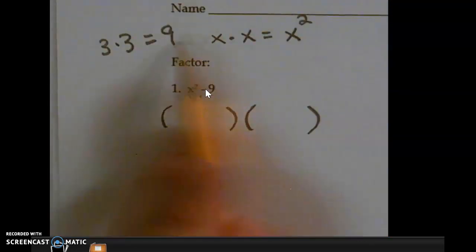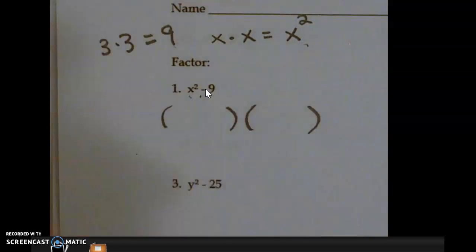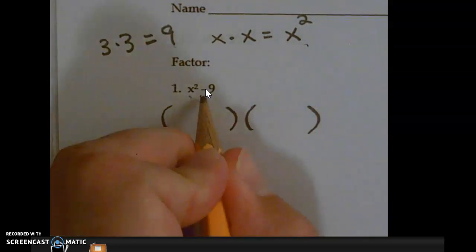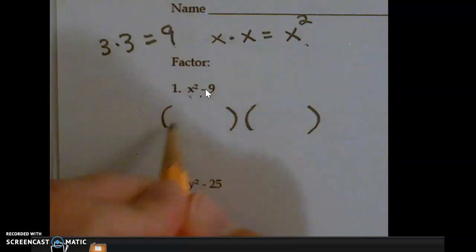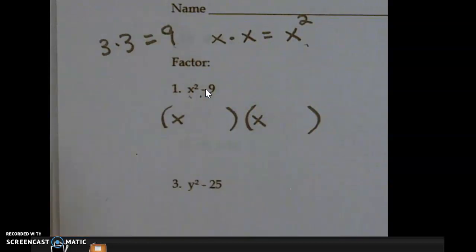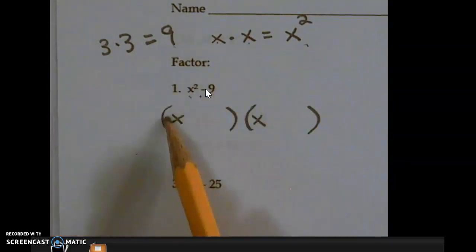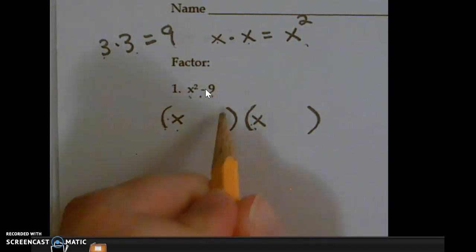So 9 and x squared are perfect squares. Okay, so when you have a subtraction problem, you can split it up like this. So x squared is going to split up to x times x. So these two would go in the first term spot in each group. And then 9 is going to break up to 3 and 3.